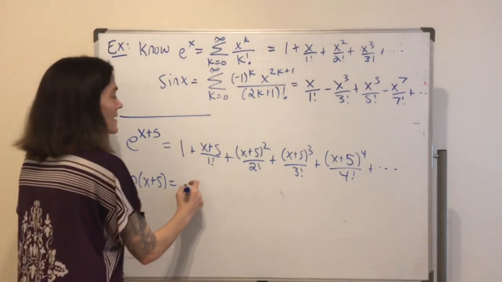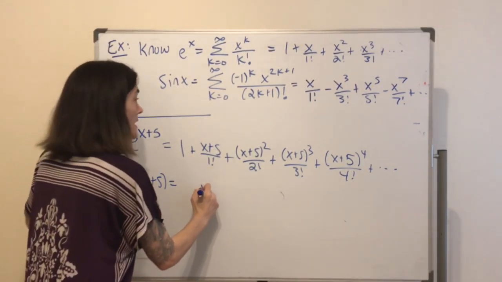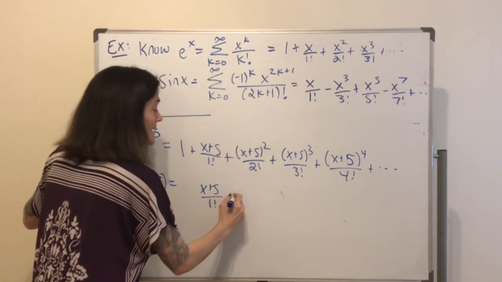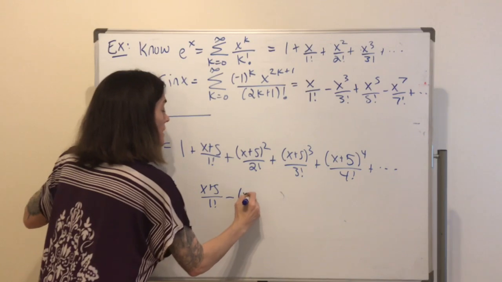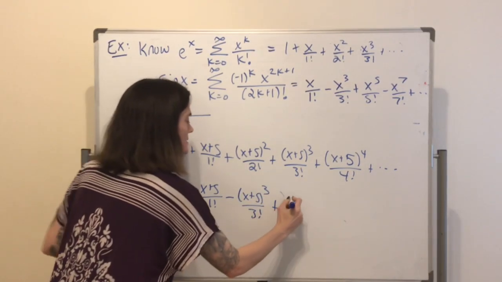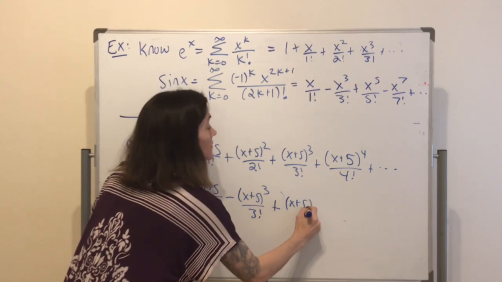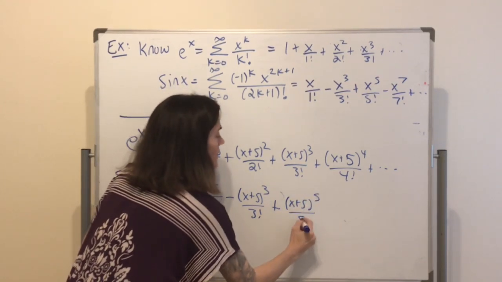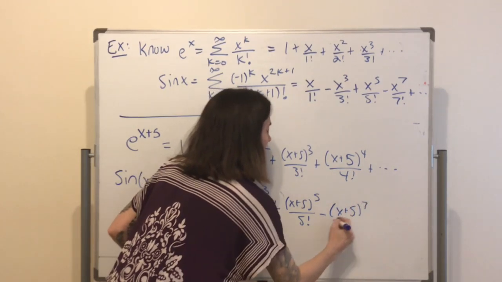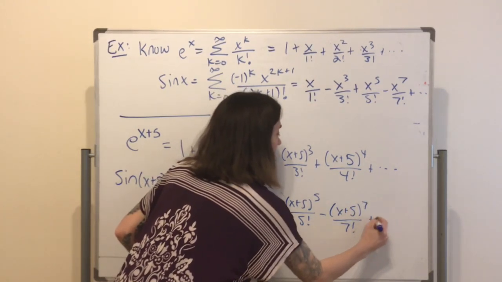So we have x plus 5 over 1 factorial minus (x plus 5) cubed over 3 factorial plus (x plus 5) to the 5th over 5 factorial minus (x plus 5) to the 7th over 7 factorial, like this.